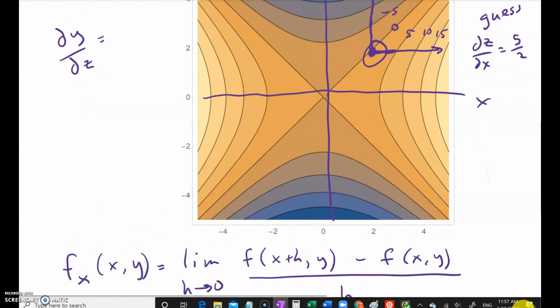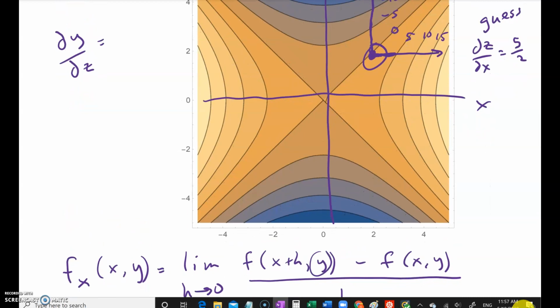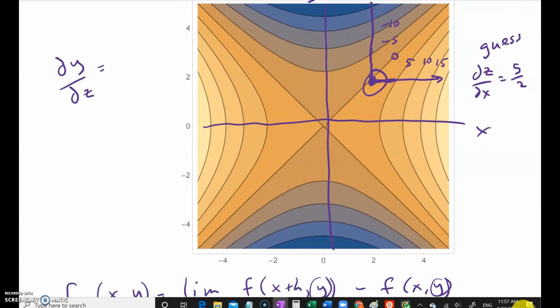But notice that y is just y. If y equals 1, y stays 1. Actually, I put my point a little bit off. It should be more like here, but anyways, you get the idea.